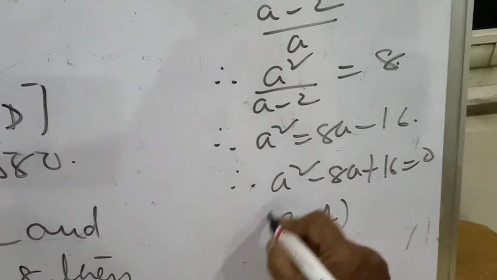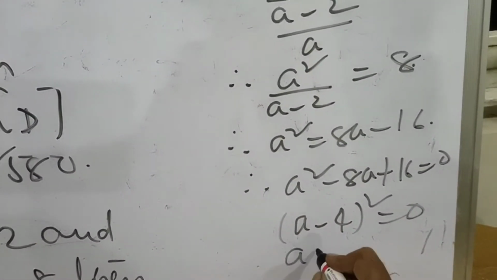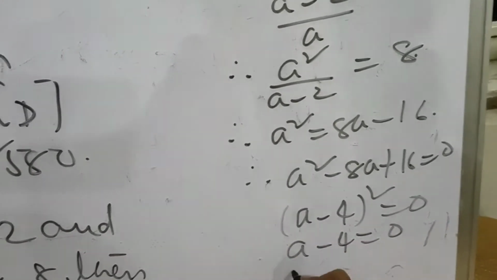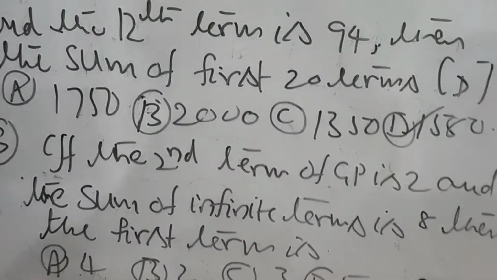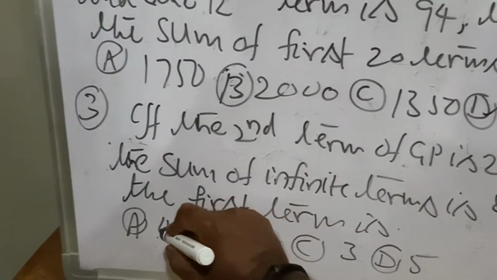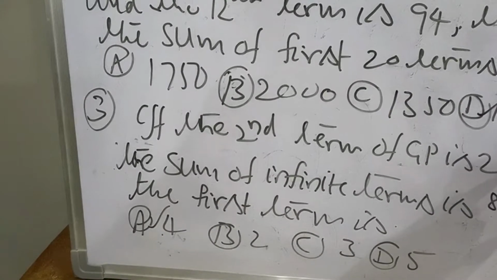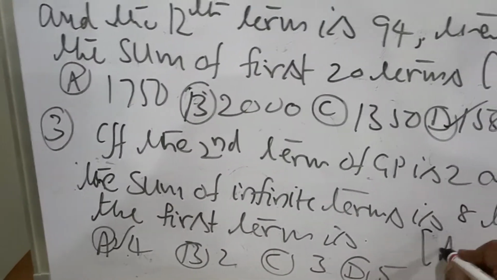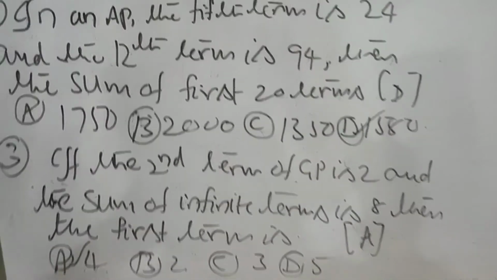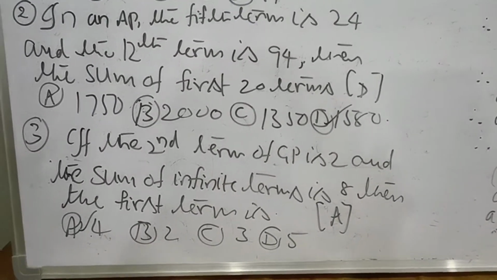Therefore, a minus 4 whole square is equal to 0. a is equal to 4. So what is the first term according to this problem? 4. The option is A. Move on to the next question.